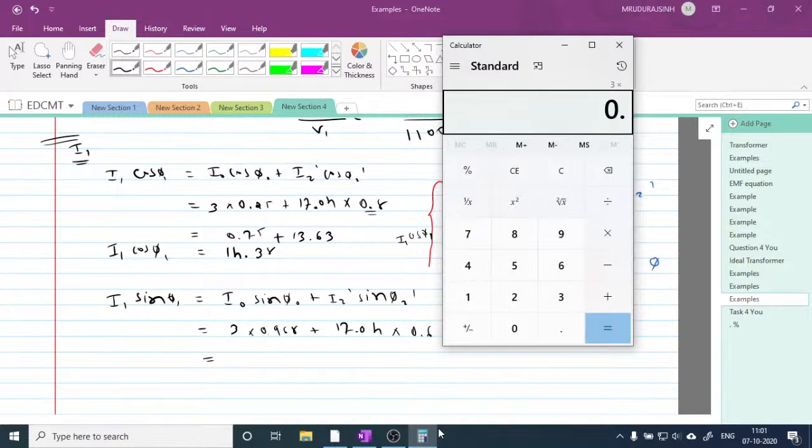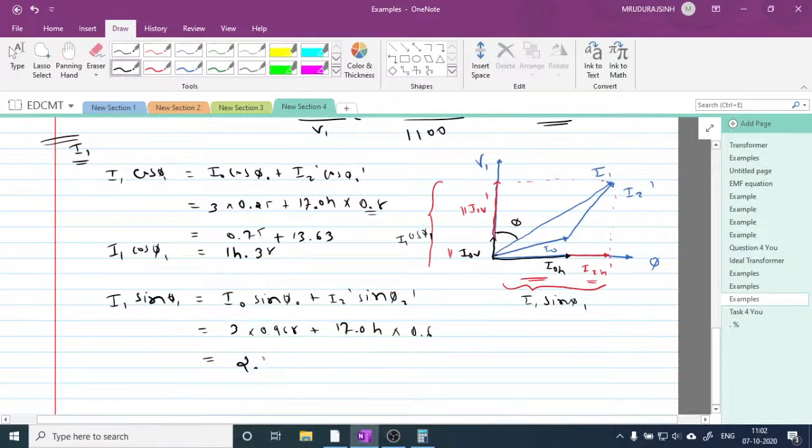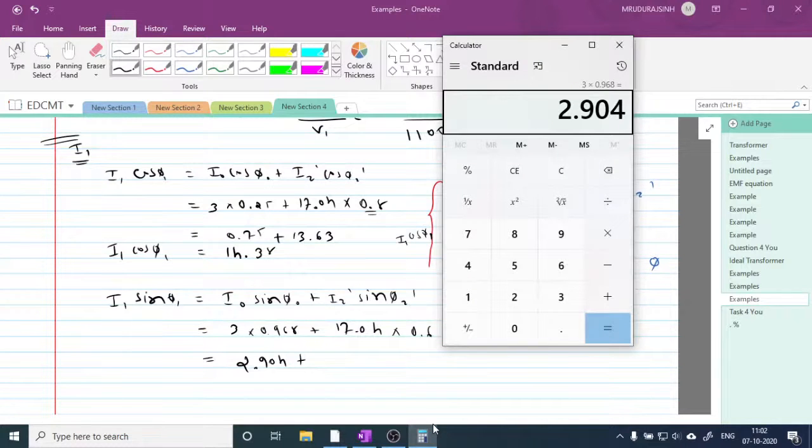3 into 0.968 gives us 2.904. Plus, now it's 17.04 multiplied by 0.6, it's 10.224.